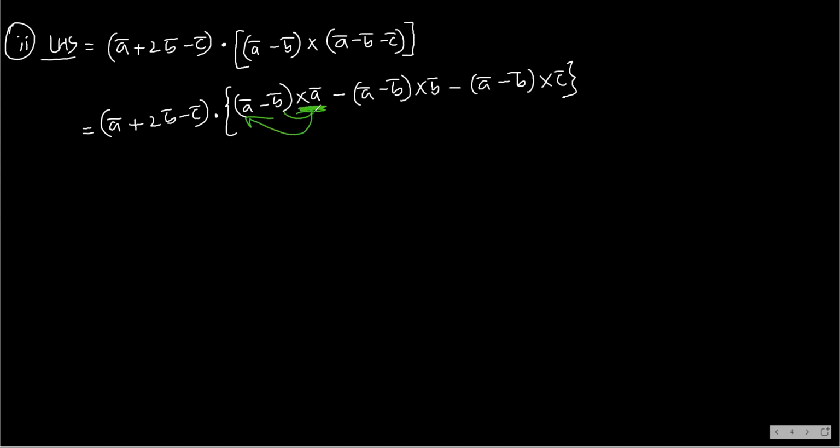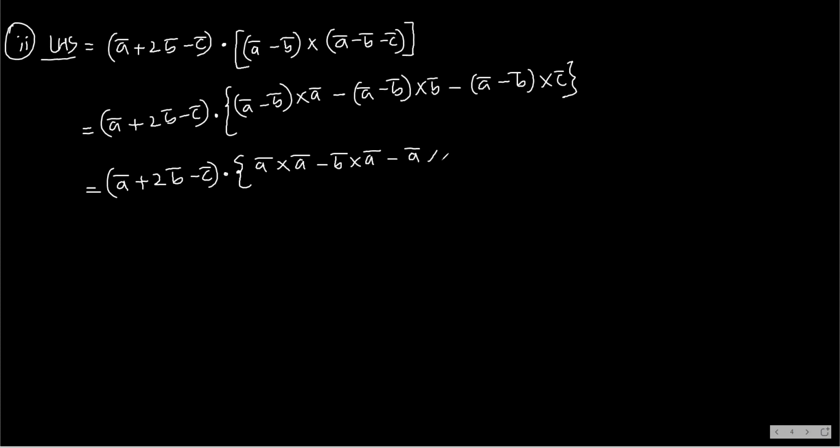So here the next one I will get as (a bar plus 2b bar minus c bar) dot, you will get a bar cross a bar minus b bar cross a bar minus a bar cross b bar.